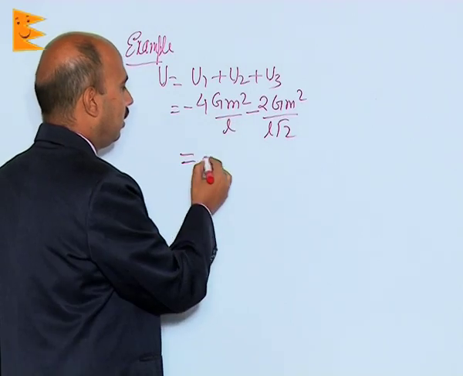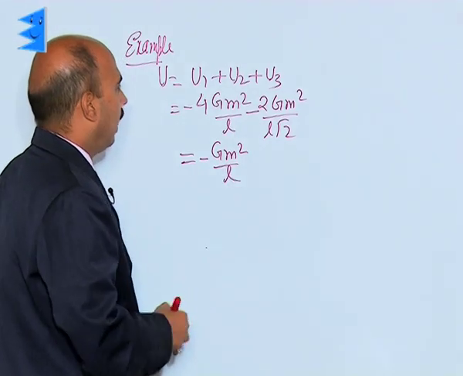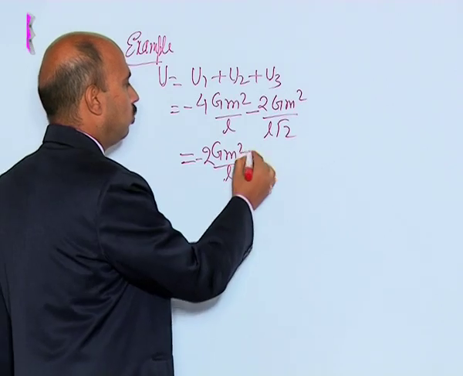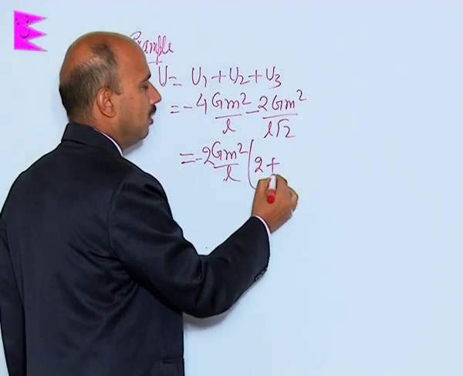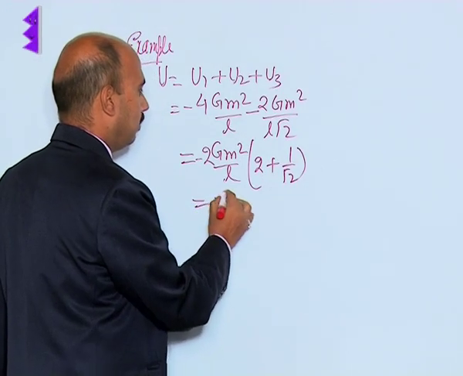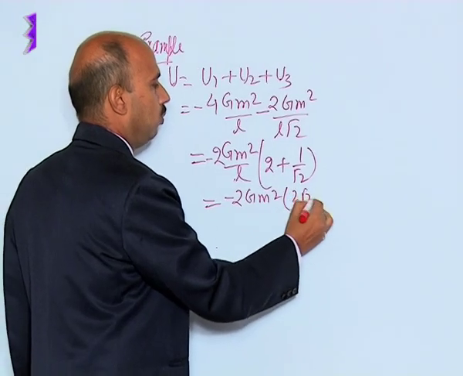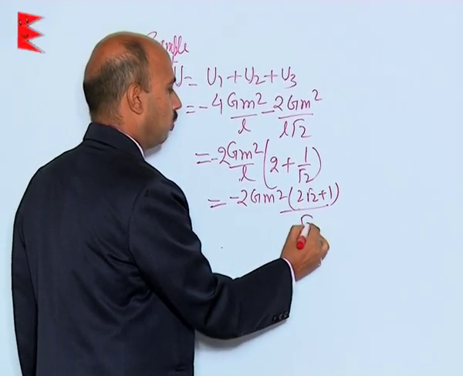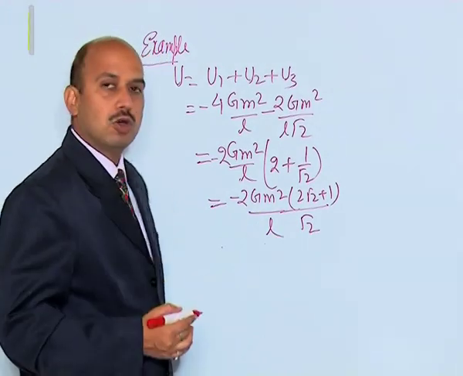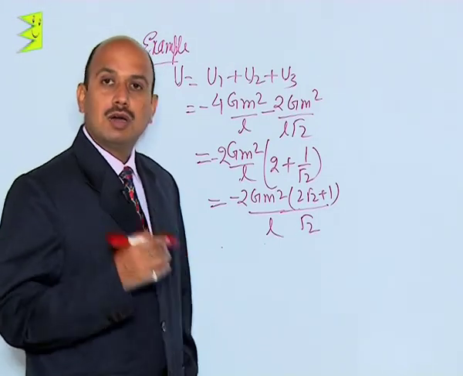We can take common minus Gm square by L, and we can take 2 common as well. So, we will get 2 plus 1 upon root 2. So, we will get minus 2 Gm square, 2 root 2 plus 1 upon root 2 into L. So, this is the potential energy of the system of the 4 masses placed at the 4 vertices of a square.